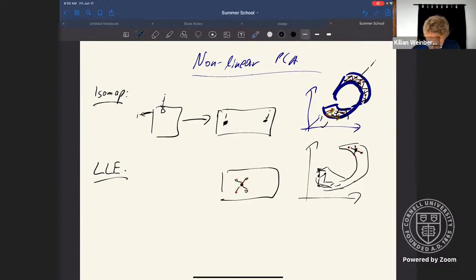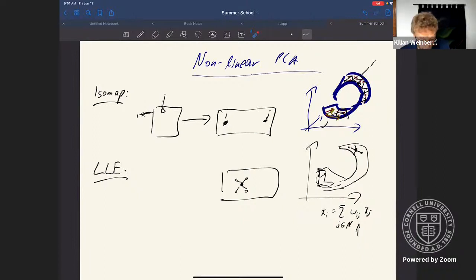I'm basically saying x_i equals the sum over all my neighbors, w_ij x_j. So I'm learning these weights. I can view this as cutting the data up into many little patches, and in the low-dimensional space I should have exactly the same reconstruction rule. That was local linear embedding.